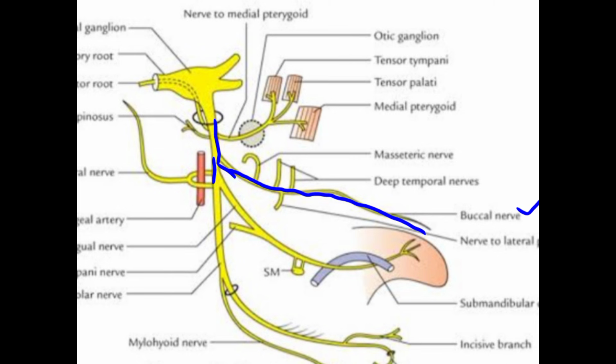And from the inferior alveolar nerve, after it crosses the mandibular canal, you get incisive branch and mental branch. From the posterior division, you get the auriculotemporal nerve. Remember the buccal branch, mental branch, and the auriculotemporal branch.